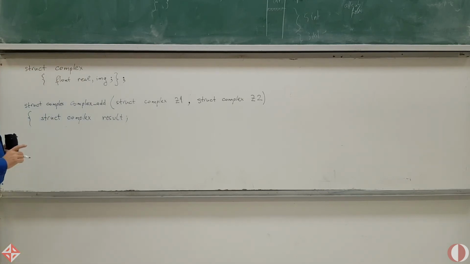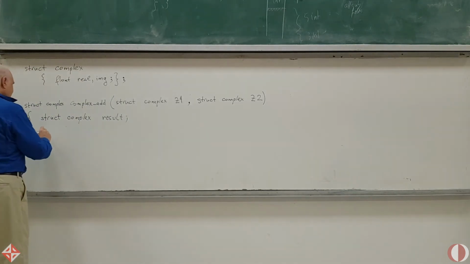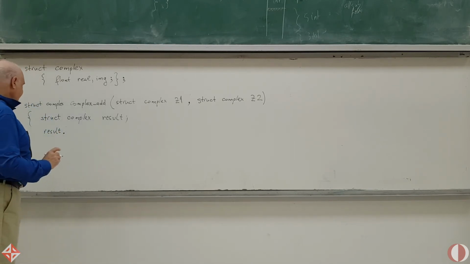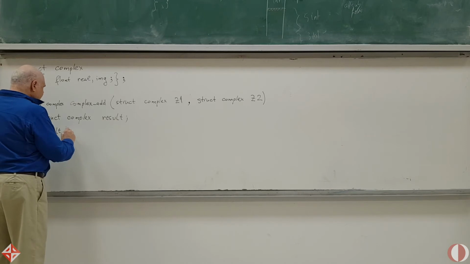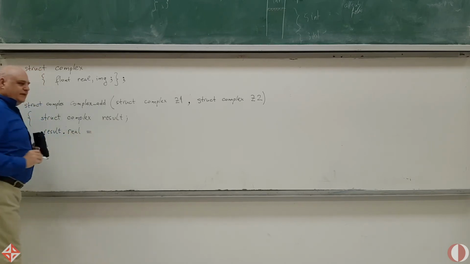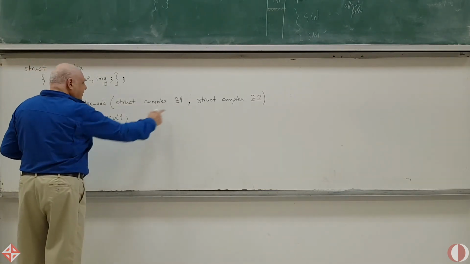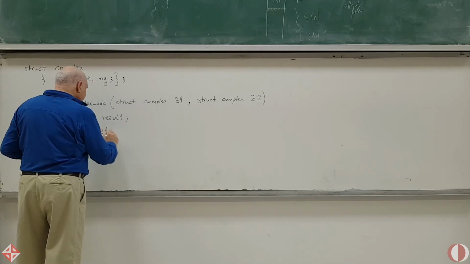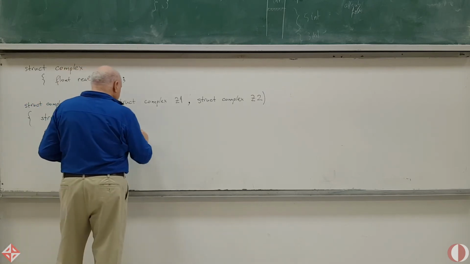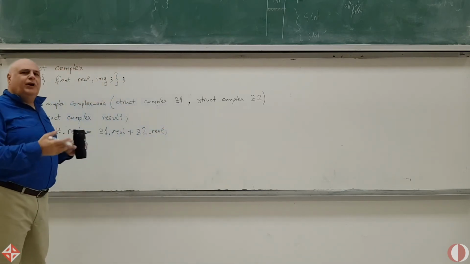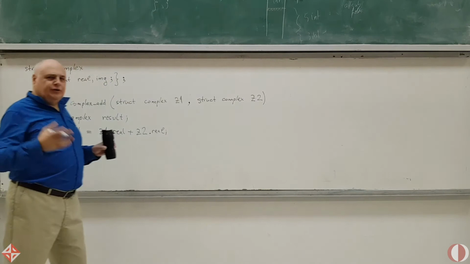Okay, now we are ready to take off. The result's real part is a floating point, which is obtained by Z1 real plus Z2 real. If it were a multiplication, it would be more complicated, you know that.